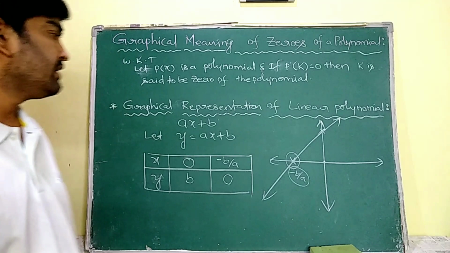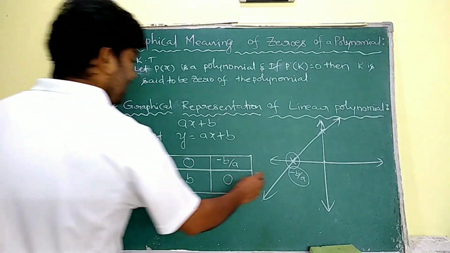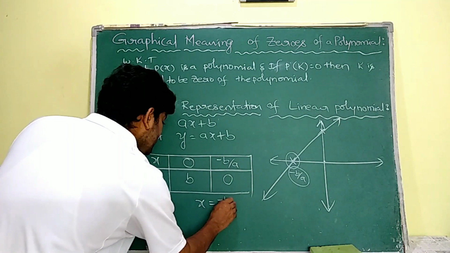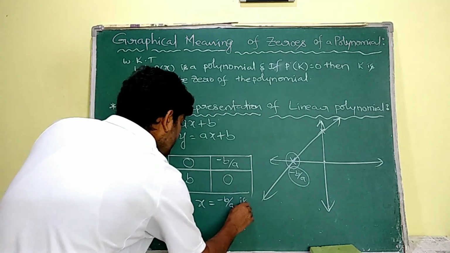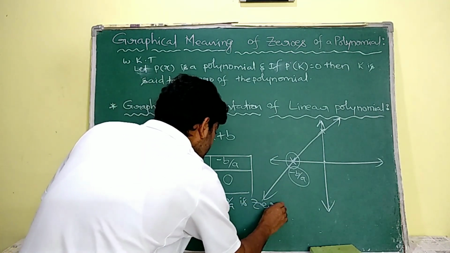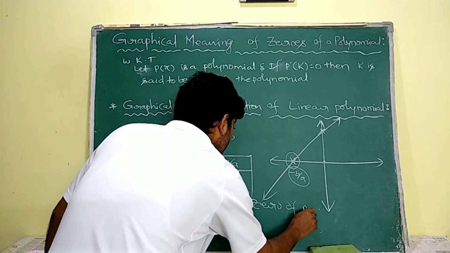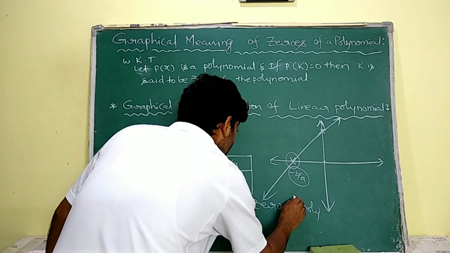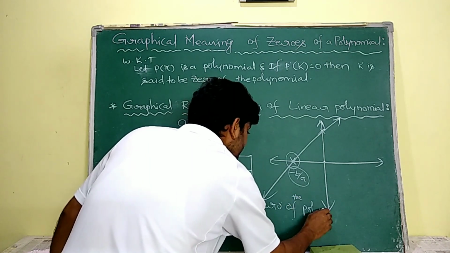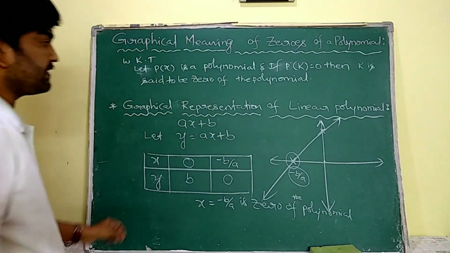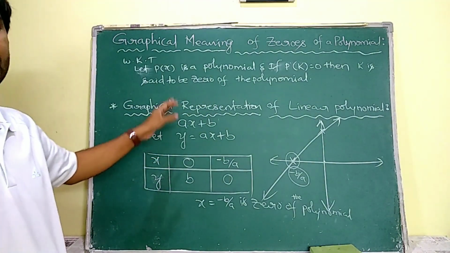Here, x is equal to minus b by a is the zero of the polynomial. So this is the graphical meaning of the zero.